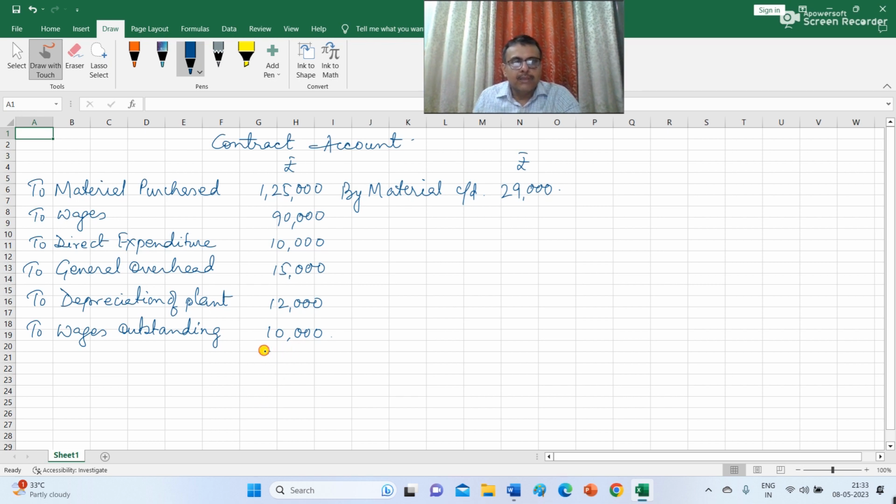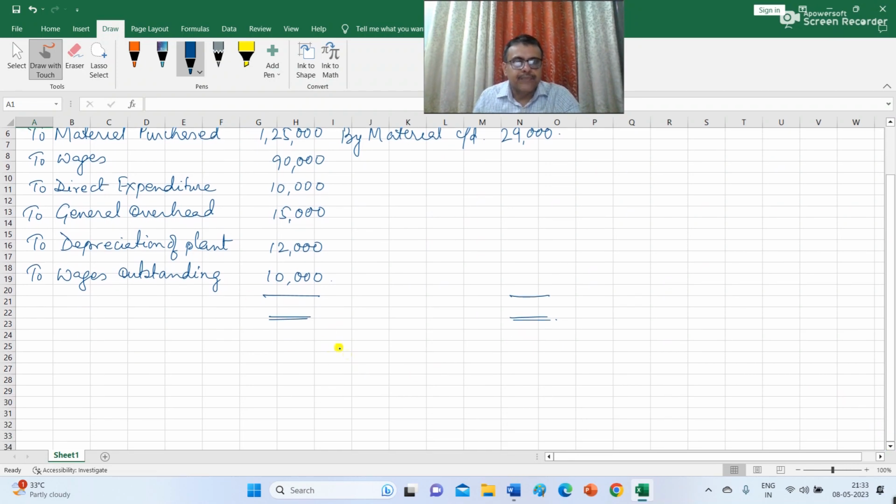So the balancing figure in the first part will give the cost of work till date and the amount of value of work certified will be recorded in this part. So here I am writing by WIP, that is work in progress, and value of work certified.